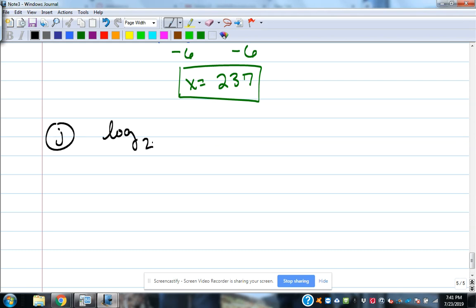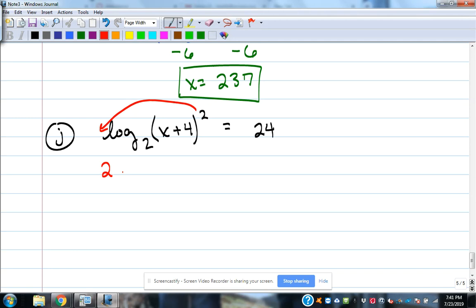Okay, so let's say we had log base 2 of the quantity x plus 4, squared, is equal to 24. This is where knowing your log properties can make life a little simpler for you from time to time. Because of the square in there, I can use a log property to bring this 2 down to the front, because undoing squared is much more difficult than undoing multiply by 2.